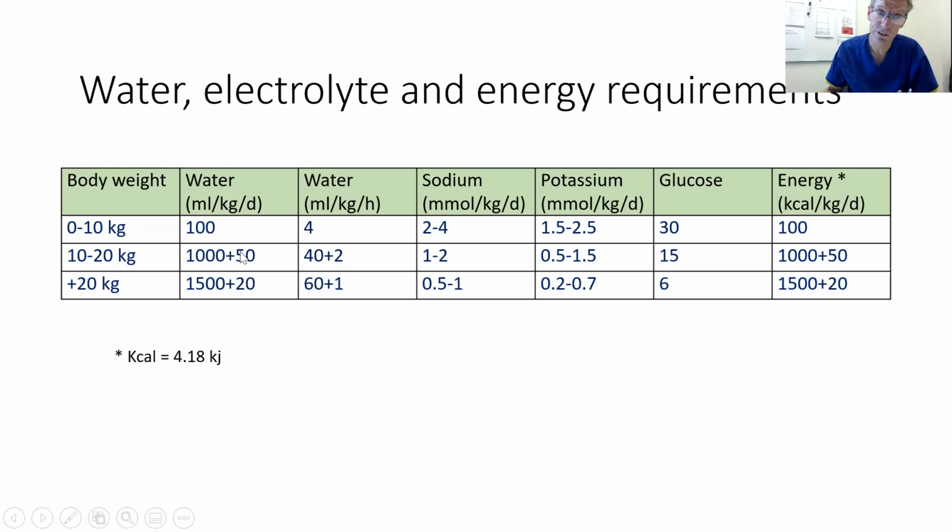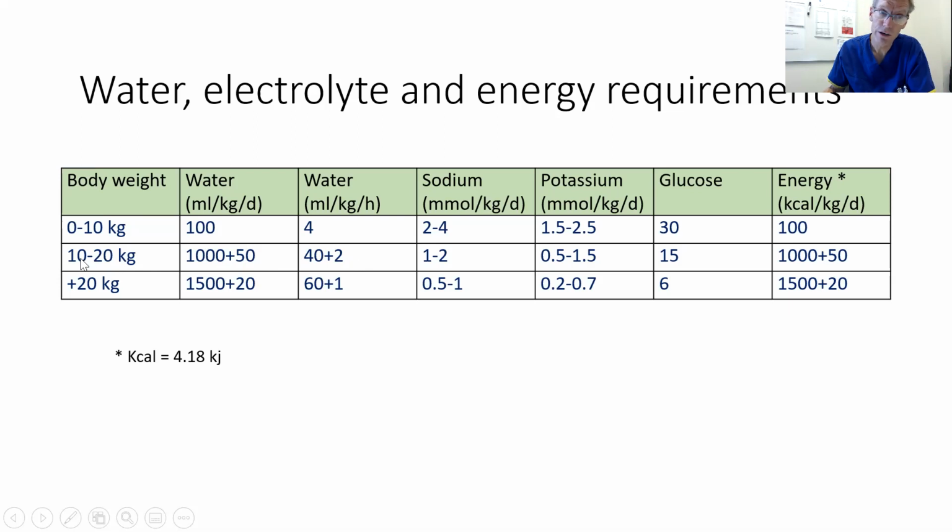So that's an extra 100. So that'd be 1,000 plus 100, right? And the same for the 4-2-1 rule. It'll be 40 plus 2 times the number of kilos between 10 and 20 kilos. So that's 2 times 2. So that's another 4 mils. So it'll be 44 mils, for example.